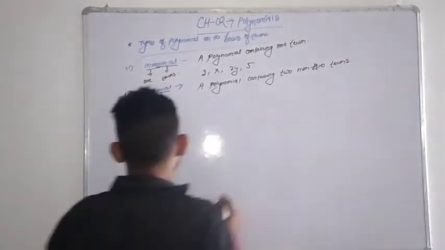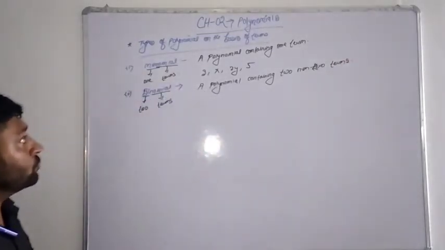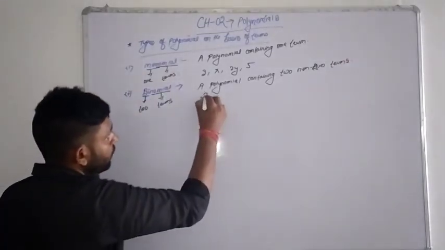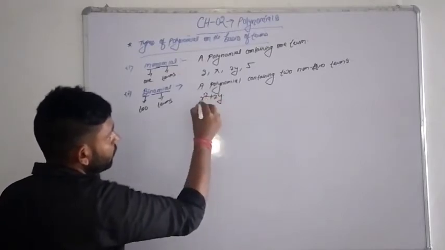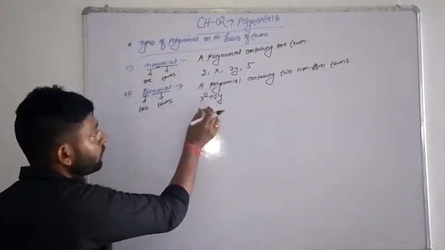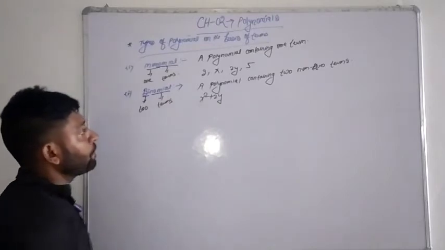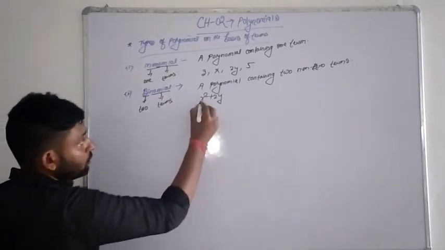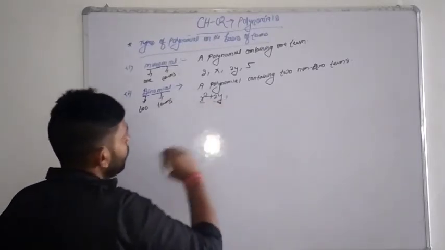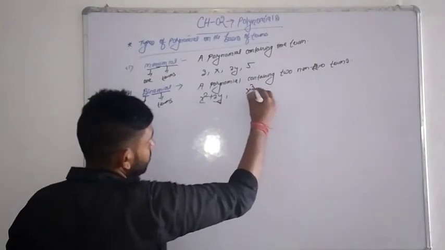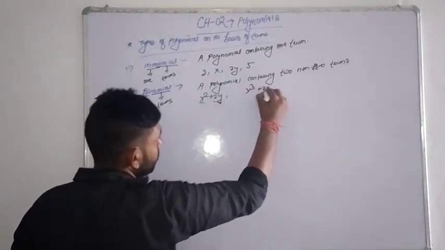That means the term is not zero. And we know that terms are separated by addition or subtraction. Binomial, for example 3x plus 2y.